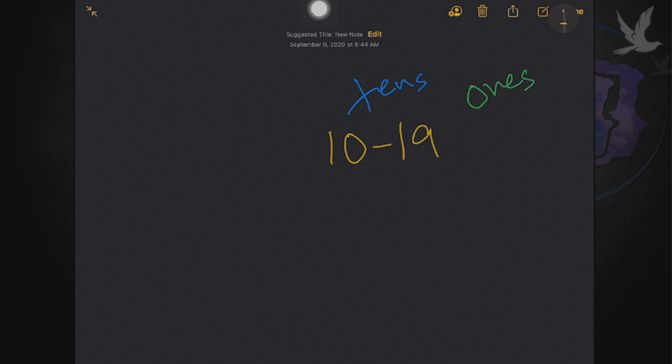Take note that 10 is written this way, this in tens and this one in ones. And this number is entirely read as 10.